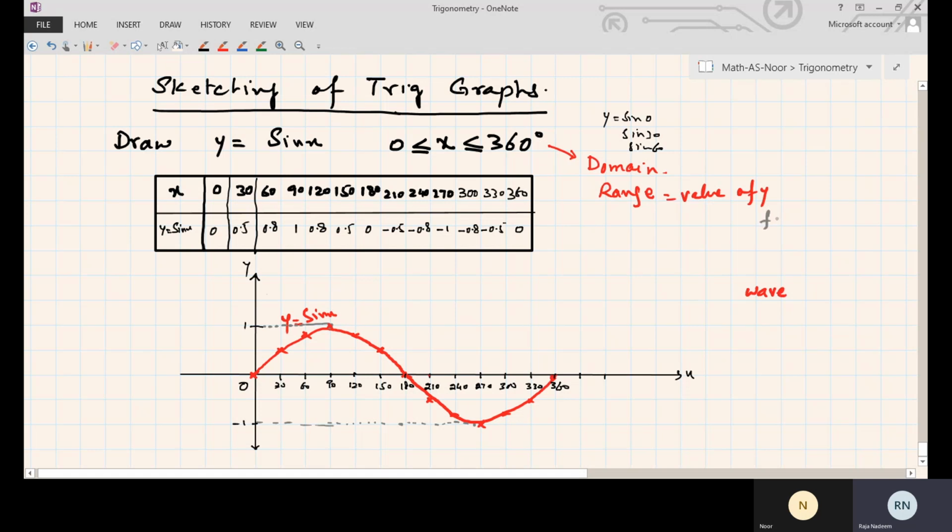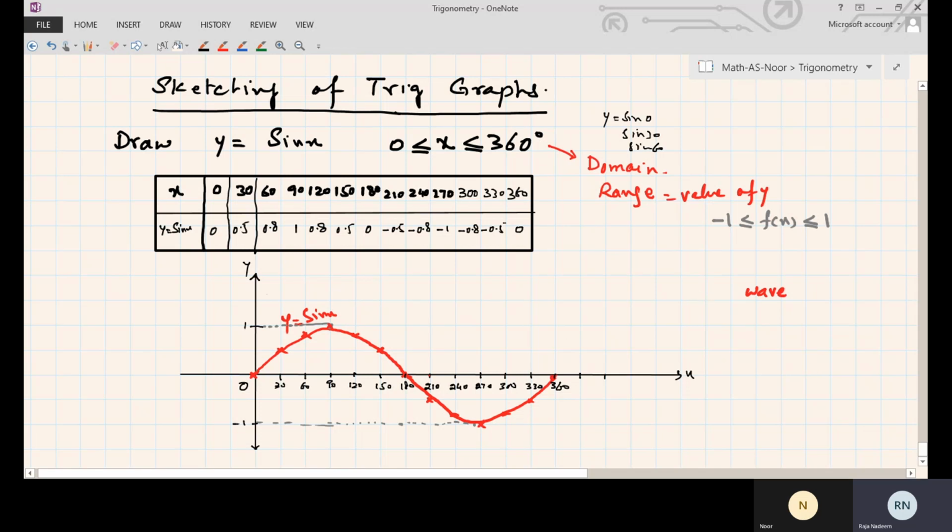So we would say that the range would lie between -1 and 1. So the range of the function would lie between these two values, number one.